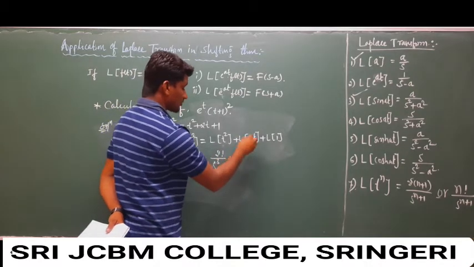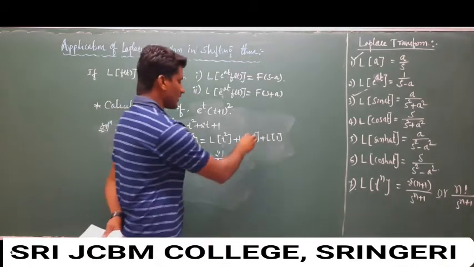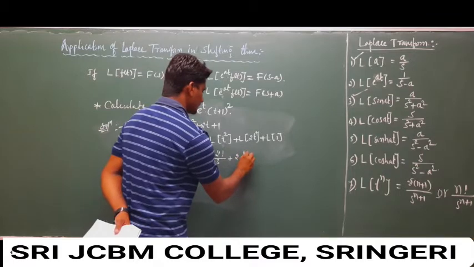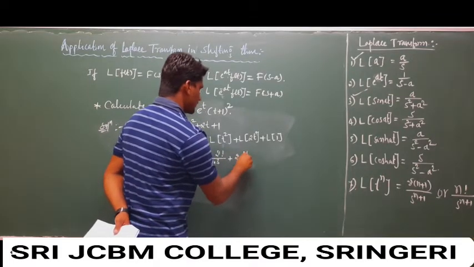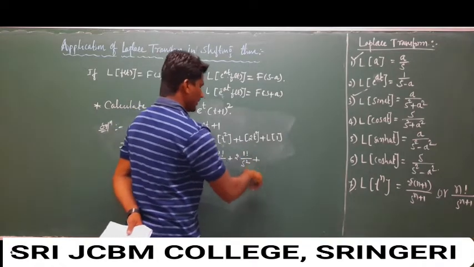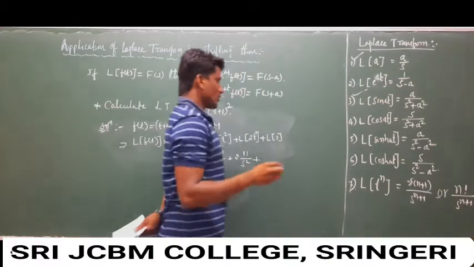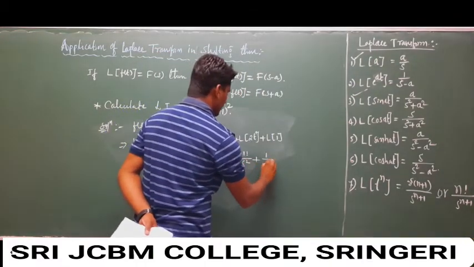Plus the Laplace transform of 2t: take the 2 outside, and the Laplace transform of t has power 1, n value is 1, so 1 factorial over s to the power 1 plus 1, which is s square. And the Laplace transform of any constant value can be written as constant over s. It means the value for 1 is nothing but 1 over s.